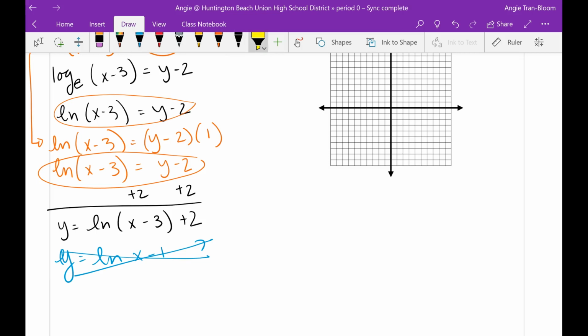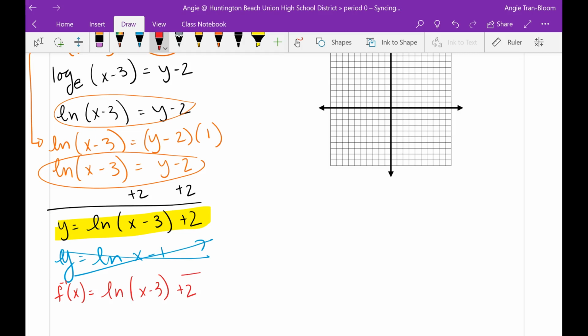You have an x minus 3, that's going to go to the right by 3, and the plus 2 at the end tells me you're going to go up. So translation to the right is not the same as translation up and down. I'm going to use my inverse notation so my teacher knows that this is my final answer. Okay, final answer of the inverse.